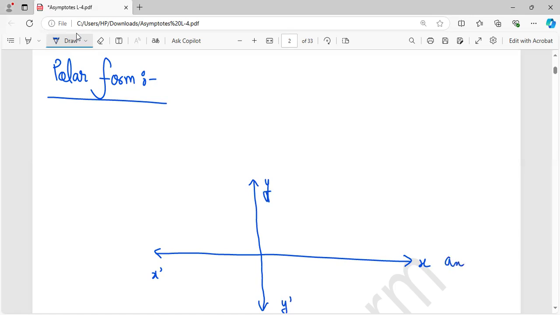This is x axis, x dash axis, y axis and y dash axis. So every point x, y in this plane can be identified by two things: this distance r and this angle theta. r is called radial distance.